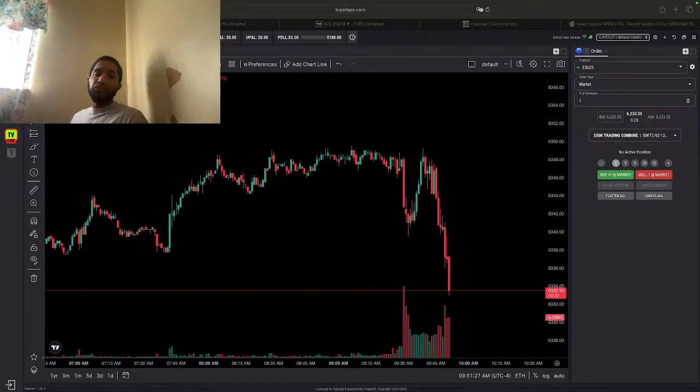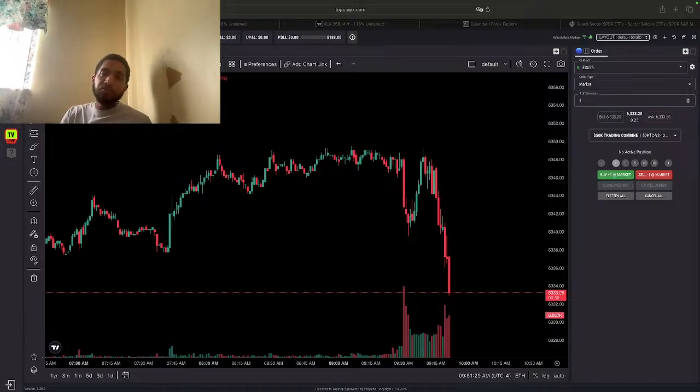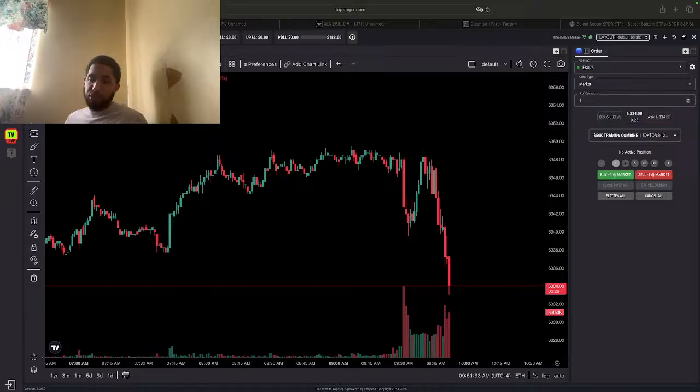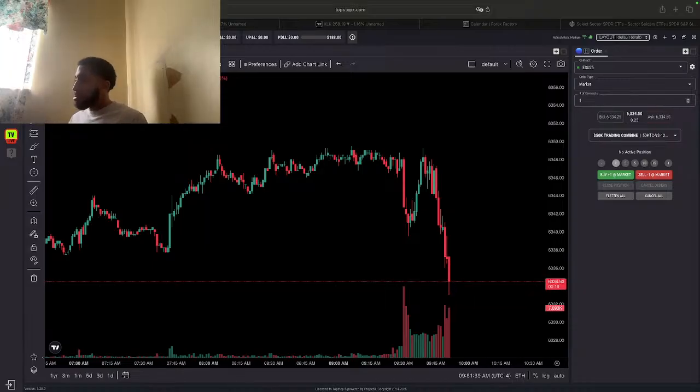Dang. That would have been a good trade to enter on, breaking and retesting the 5-minute opening range. But I didn't. It's all good though. I just didn't want to put any risk on today.